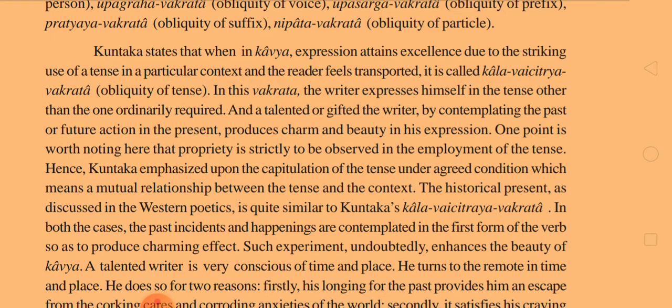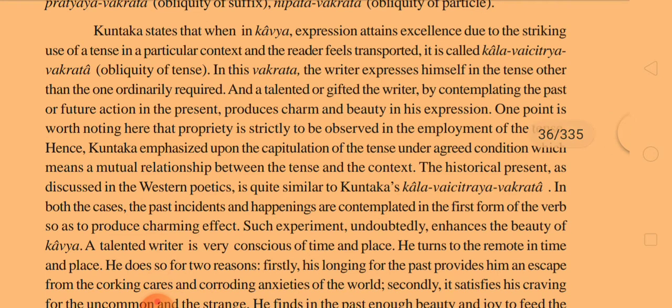And a talented or gifted writer, by contemplating the past or future action in the present, produces charm and beauty in his expression. One point is worth noting here, that propriety is strictly to be observed in the employment of the tense. Hence, Kuntaka emphasized the capitulation of the tense under agreed condition, which means a mutual relationship between the tense and the context.